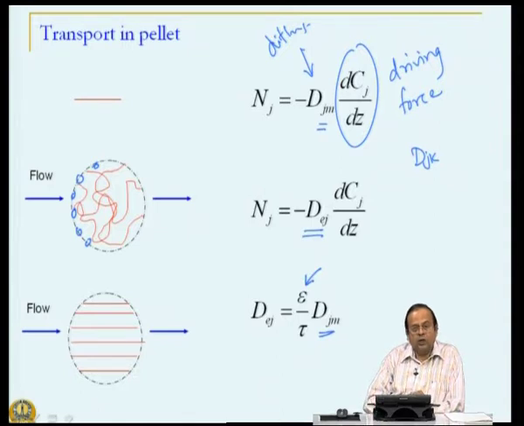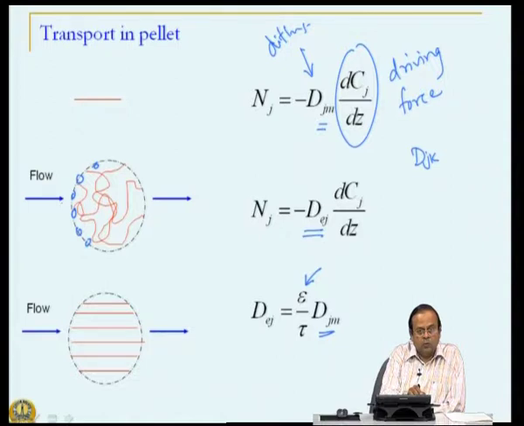Another modification has to be made because the direction of the flow, that is this x axis as shown over here, is not the actual direction of flow inside the catalyst pellet.